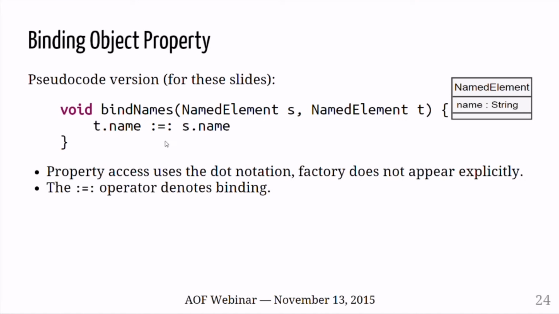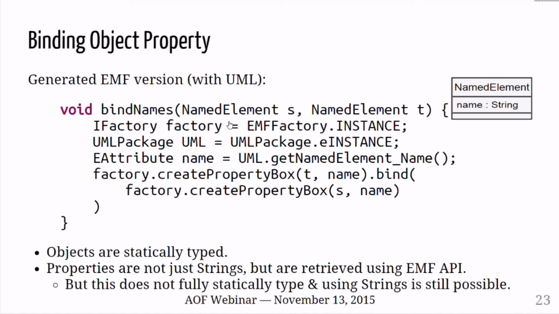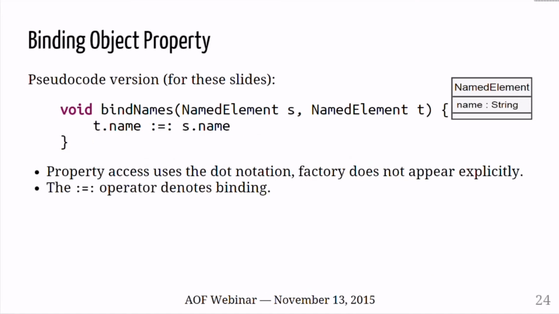So I was saying that in this slide, we are going to use this simpler notation in several examples, because, as you have seen in the previous slide, the code can really get verbose quickly.